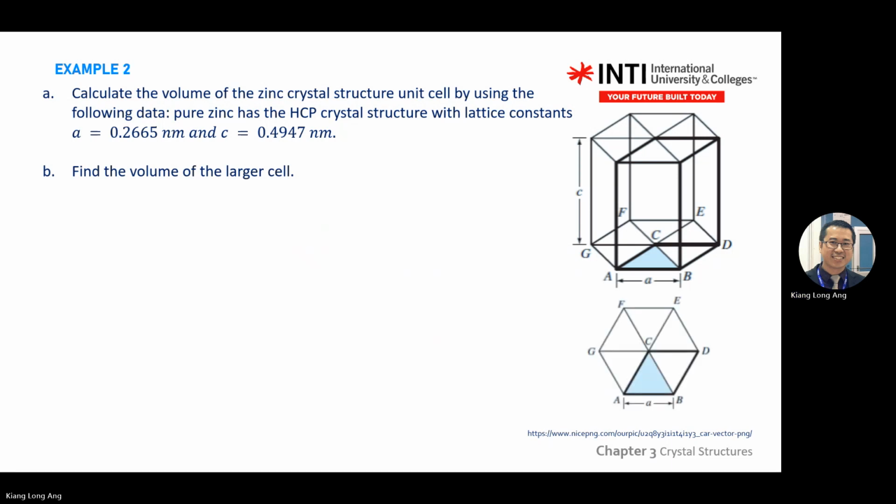Okay. So you're calculating the value for the volume. All right. Volume. So if you look at this one, you're having 6 units and you have an A there. So again, trigonometry.